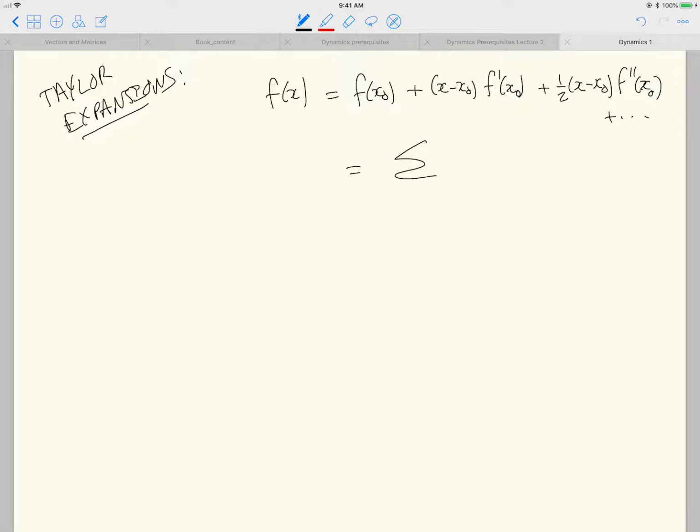And this was equal to the sum from n equals 0 to infinity of 1 over n factorial x minus x naught to the n times f to the n evaluated at x naught. So we turn any function into a polynomial. X minus x naught, that's going to be our dt. That's our little step forward.